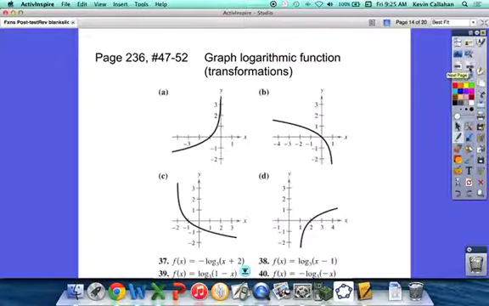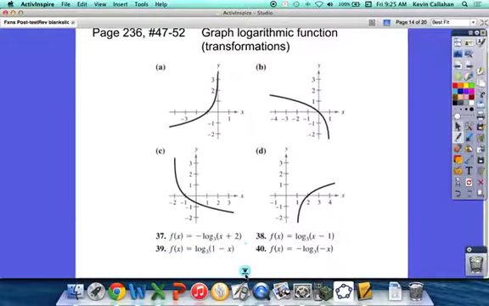Okay, graph a logarithmic function. Know the basic shape, and then how it is moved around by all these things here. First, the basic shape of a logarithm is like this. That's an asymptote there.